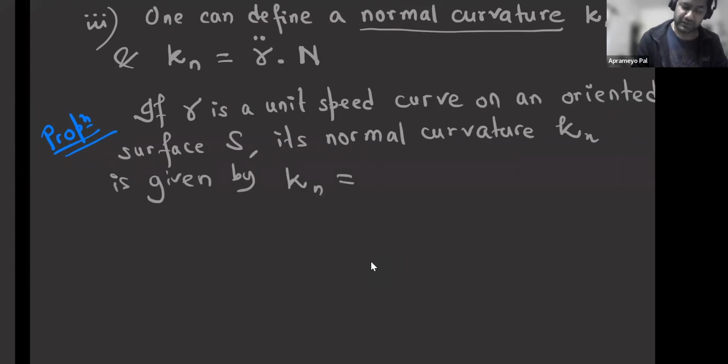kappa n is the inner product of W(gamma dot) and gamma dot.